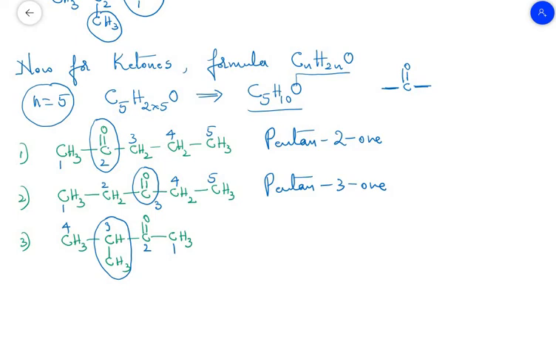If we write it from left hand side then the ketonic group will be having number 3. So that is not the correct nomenclature. So therefore we write it from right hand side. So therefore the name of the compound becomes 3-methyl butan-2-one.